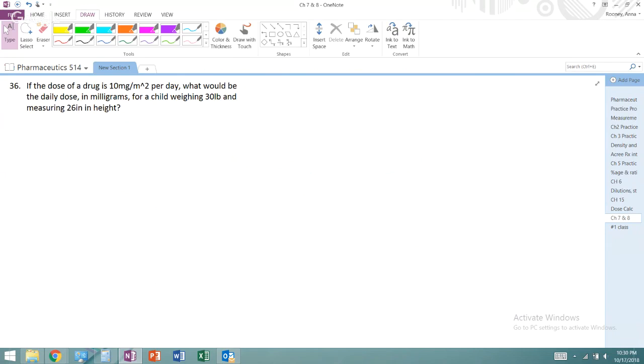Okay. So this one I have to show both body surface area calculations. So a dose of a drug is 10 milligrams per meter squared per day. What would be the daily dose for a child weighing 30 pounds and measuring 26 inches in height? This is why I have to show both, because the one body surface area works really well for adults.